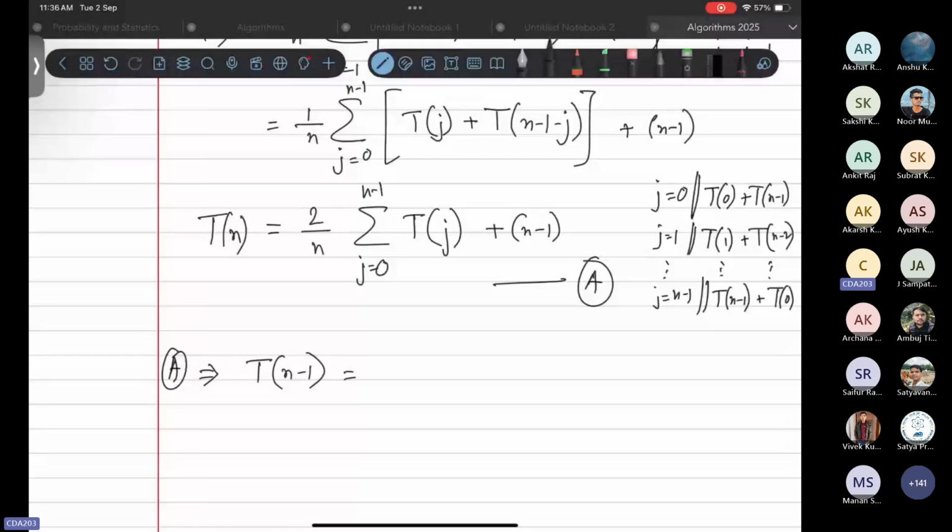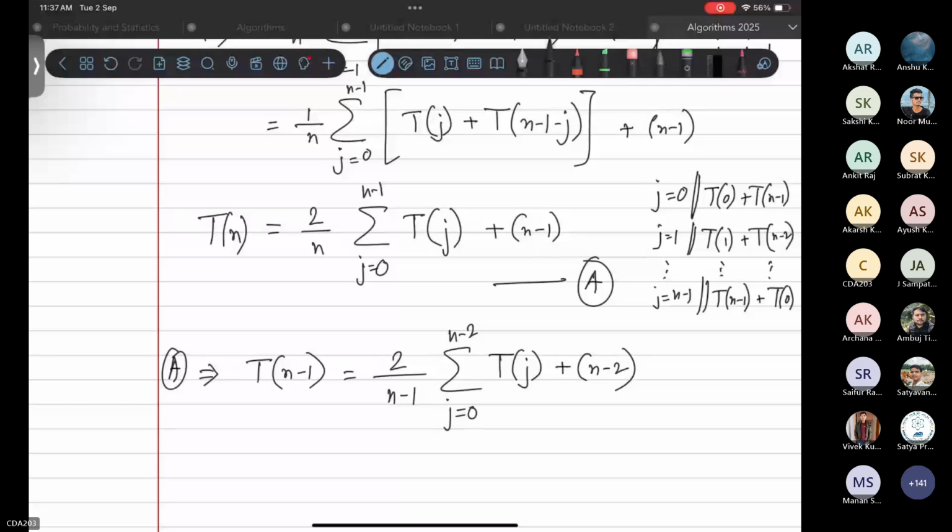Now, if I apply this for Tn minus 1, what should I get? This will give me n minus 1 in place of n in this equation A. So this j runs from 0 to n minus 2 tj plus n minus 2. Yes, that's fine.